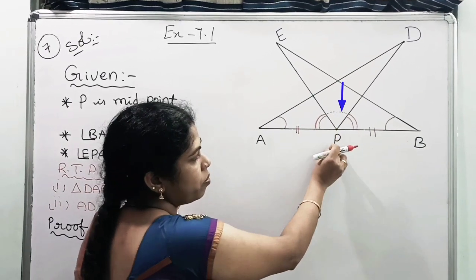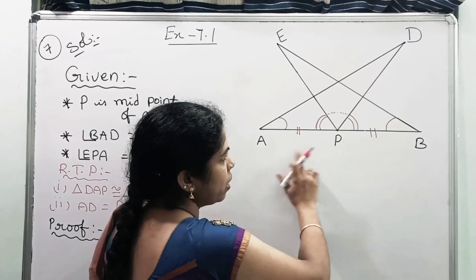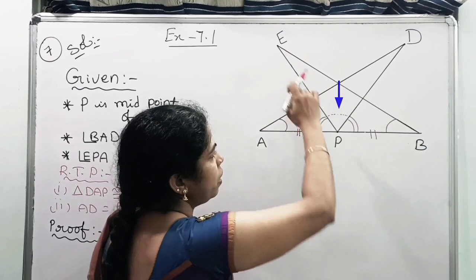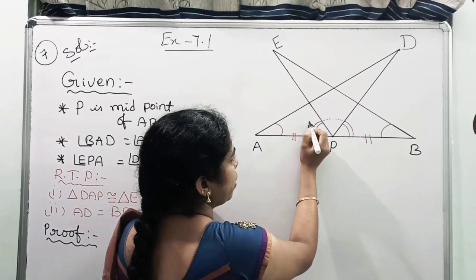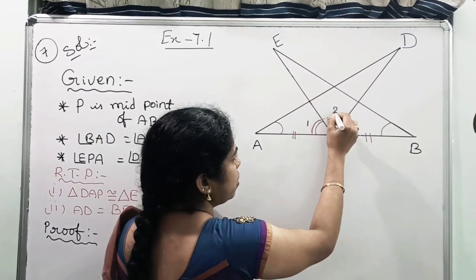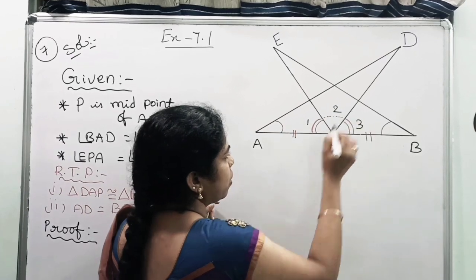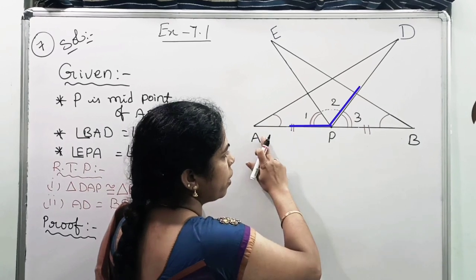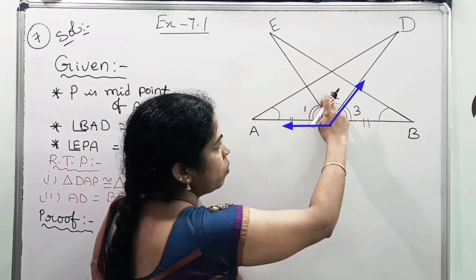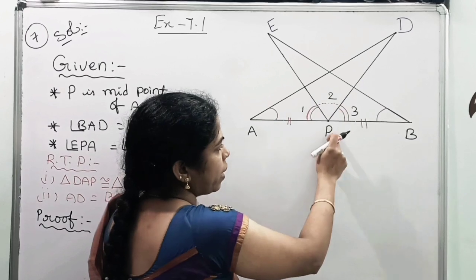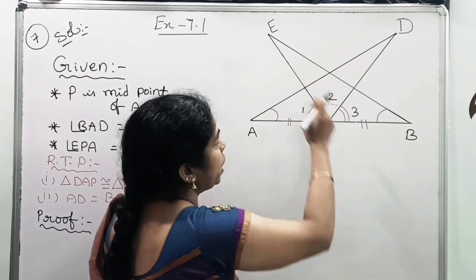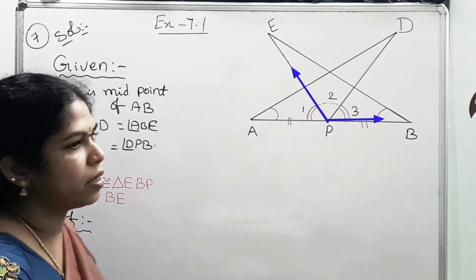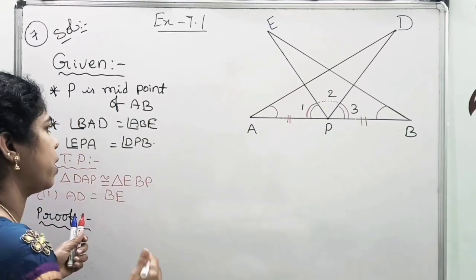A small part of P is missing in both the triangles APD and BPE. Let us take this angle as 1, this as 2 and 3. So to get angle P completely in triangle APD, we need to add 1 and 2. To get angle P completely in BPE triangle, we need to add 2 and 3. So like that we can get the complete angle in both the triangles.